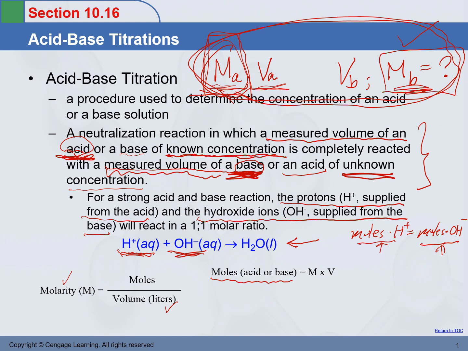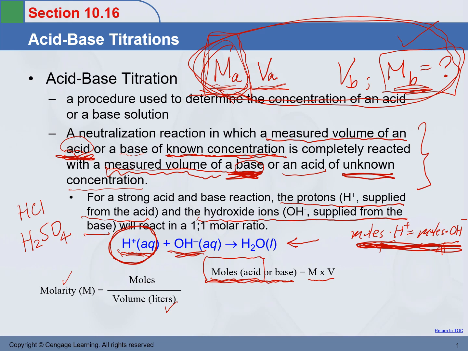However, be very cautious here, because here is the moles of the acid. We're using acid as an example right now. What you have here is the formula to get the moles of the acid. However, moles of acid may or may not be the same as the moles of proton. Here is our goal. Why? Because an acid could be monoprotic, could be diprotic, let's say hydrochloric acid, sulfuric acid.